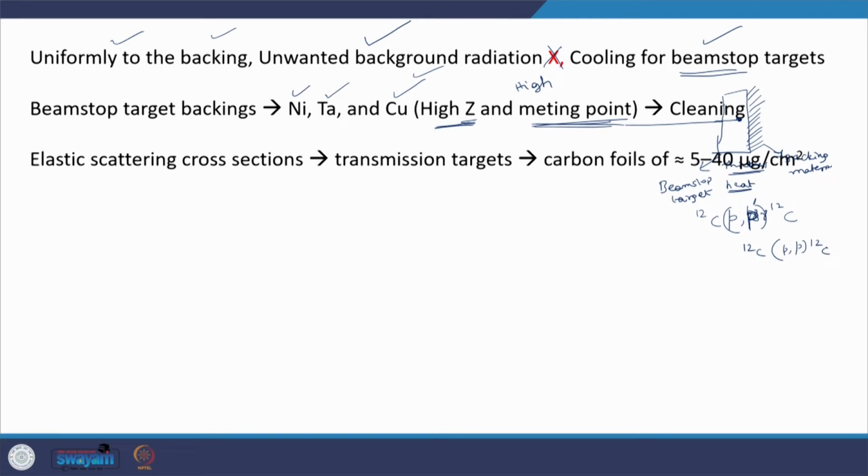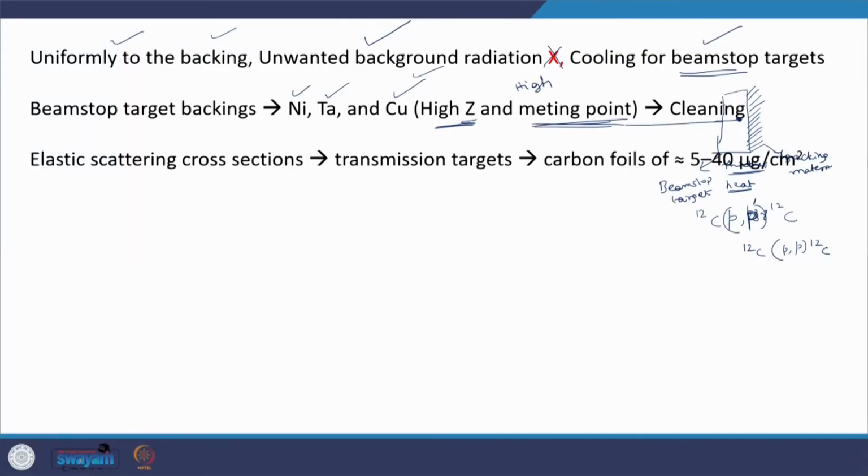To study the structure of the nucleus, which is important for nuclear astrophysics experiments, we do carry out elastic scattering experiments. Now, under this particular situation, I am taking different scenarios, though mostly I am highlighting the capture reactions. In case of elastic scattering, when we want to measure the cross sections, which kind of targets are preferred? Do you have to go for beam stop or for transmission targets?